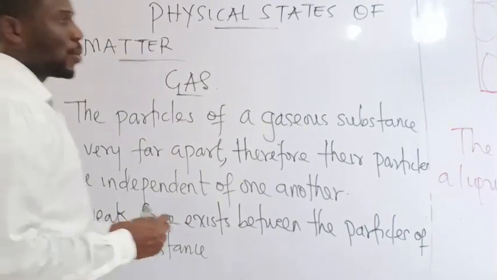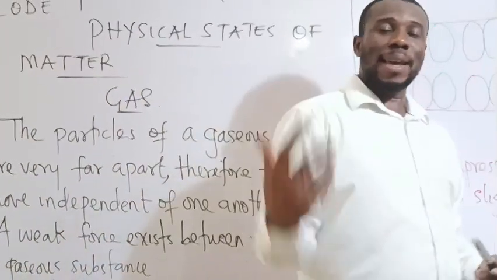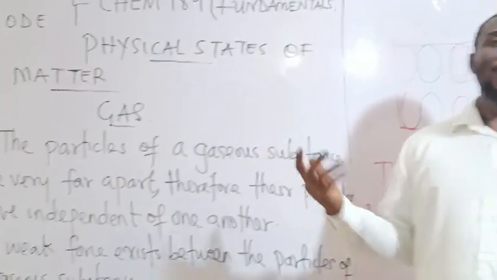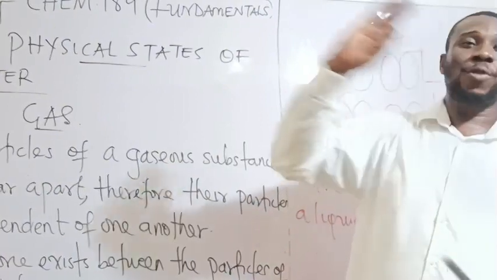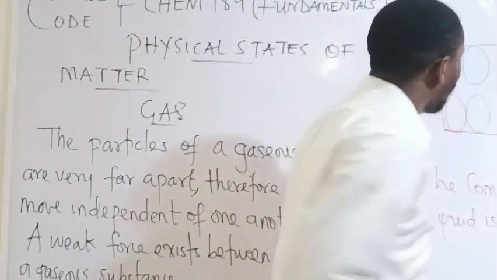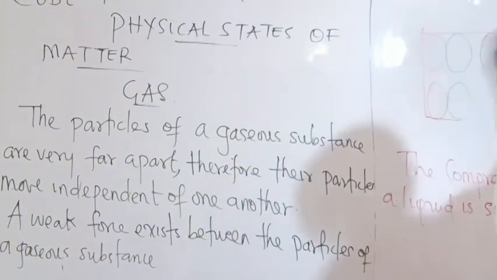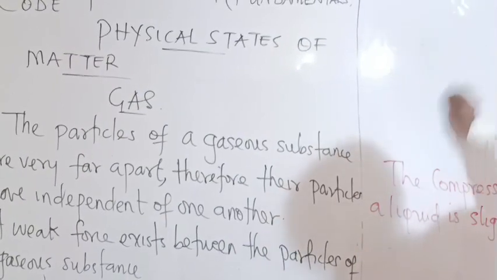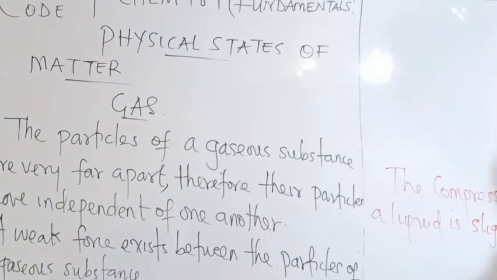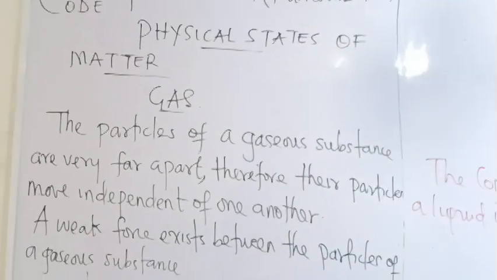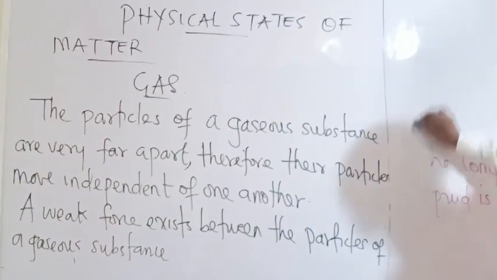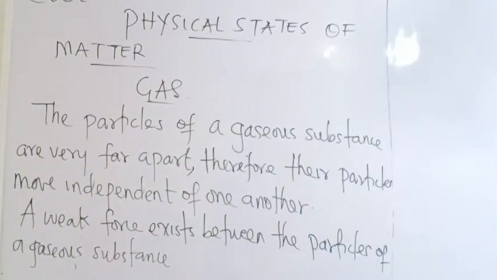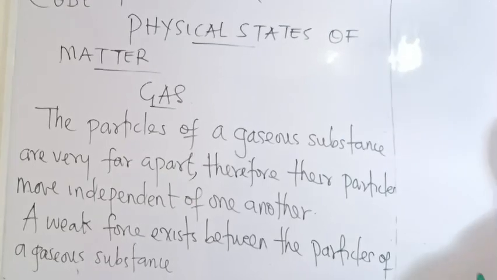So this also implies that a gas is also called a fluid. Fluid implies it can flow. So I may need to draw the particles of a gaseous substance now, and we compare how far apart they are relative to a solid and a liquid substance.